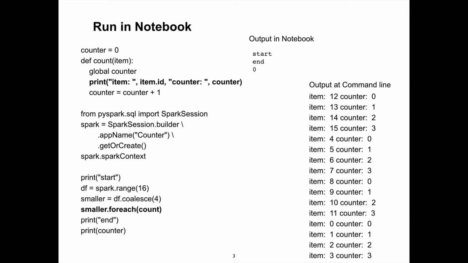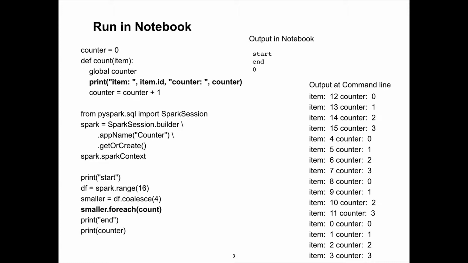And since I have to coalesce it into 4 different partitions, there we go. We get 12, 13, 14, 15, and the counter goes from 0 to 3. And then here's another partition, 4, 5, 6, 7, 0.